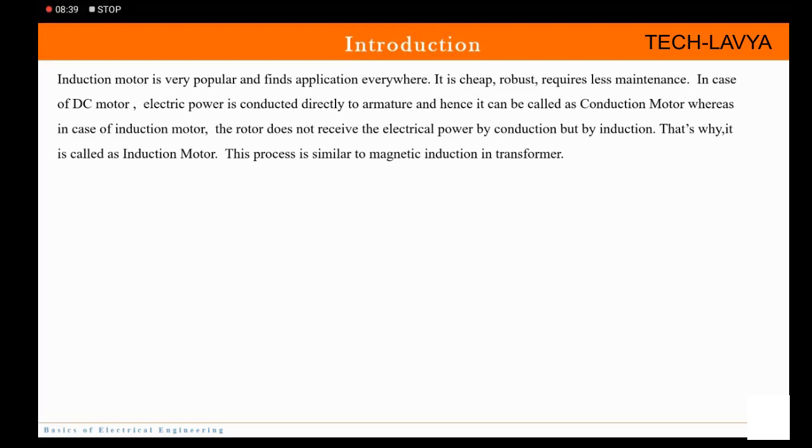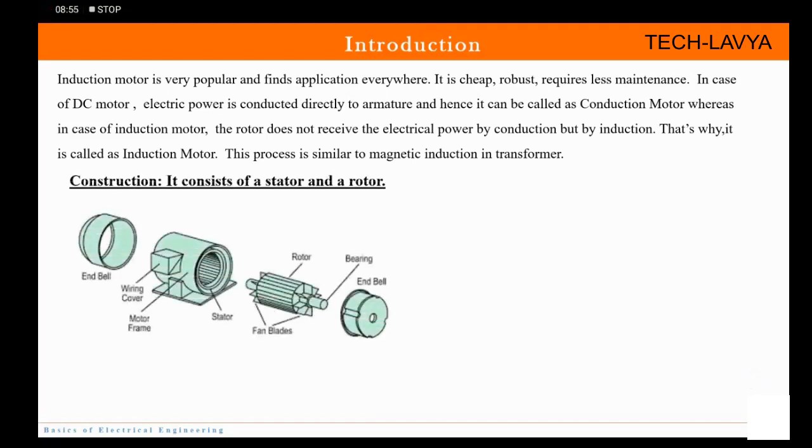We will come to that, and the field is induced in the rotor. So that is why the name is given as induction motor. Fine. This process is quite similar to magnetic induction in a transformer. So how does it look, or what components are there inside an induction motor?